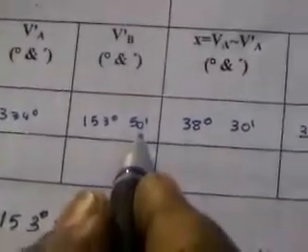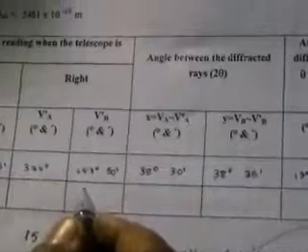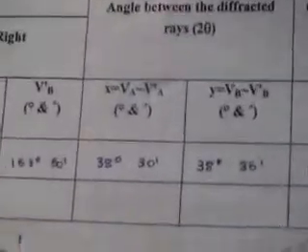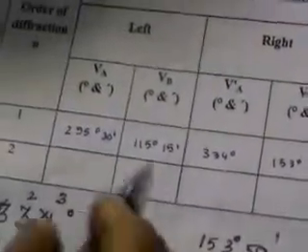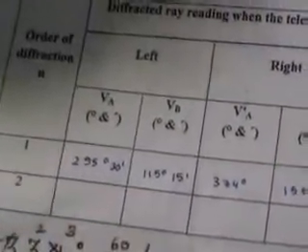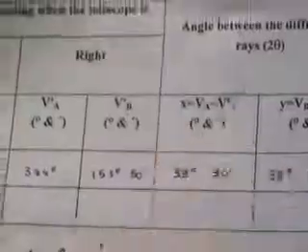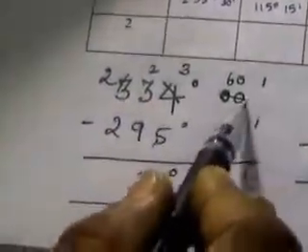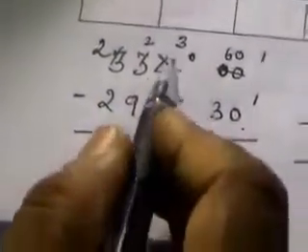We will now see how we can calculate the angle between the diffracted rays, that is 2 theta. We can see this reading on the right is 334 degrees and here it is 295 degrees. We need to find the difference between VA and VA prime. You can see how the calculation is done. 334 degrees, and then you have 295 degrees 30 minutes as earlier indicated.